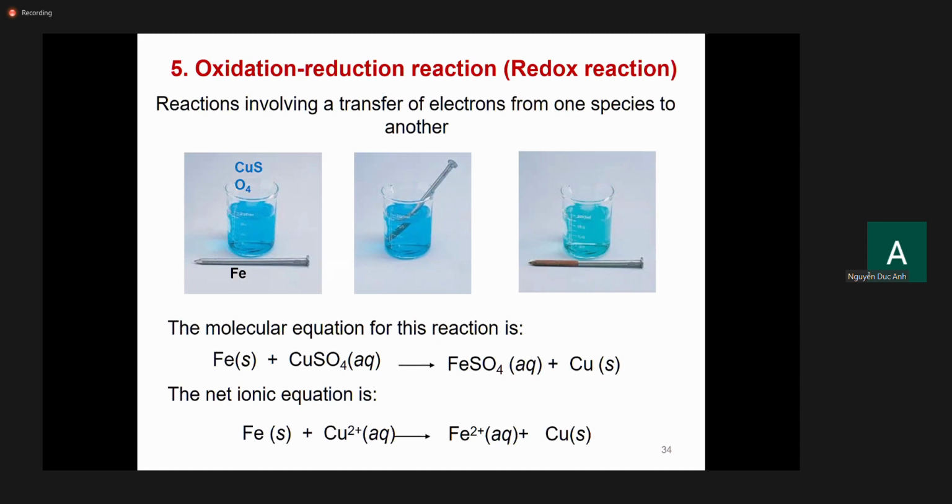In the oxidation reduction reactions, the example is adding some iron into a copper sulfate solution, and with time you will see the color of the copper sulfate become lighter, and also the color of the iron rod changes. This can be explained by a part of the copper in the solution depositing on the surface of the iron rod.